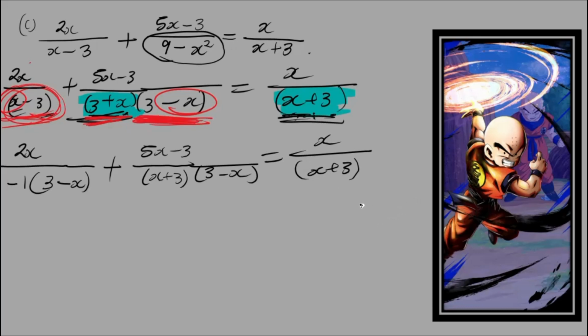Now that I have that, brackets that are the same and all that, I can go to my restrictions. What's not supposed to be true? So you see that you don't determine your restrictions in the beginning of the question.